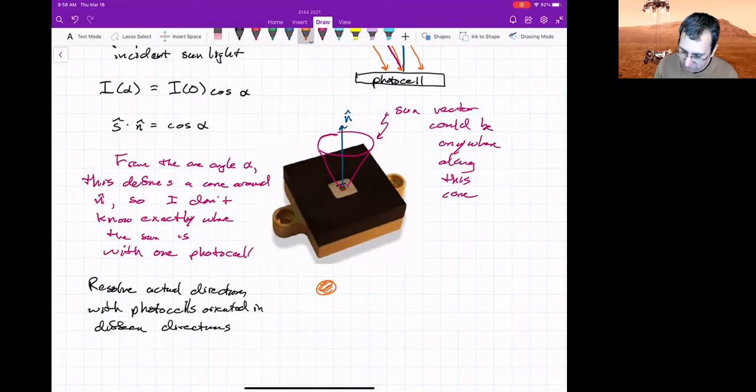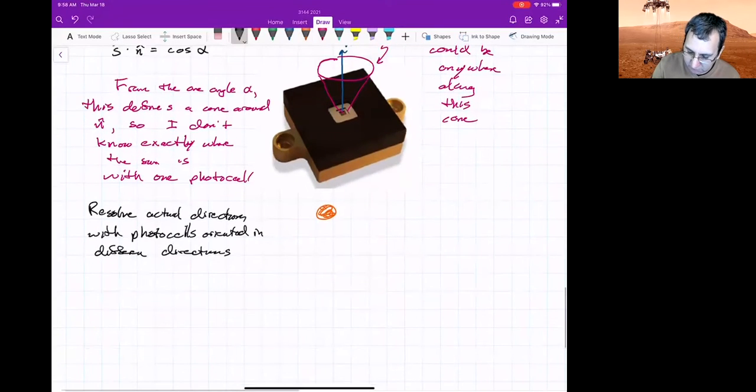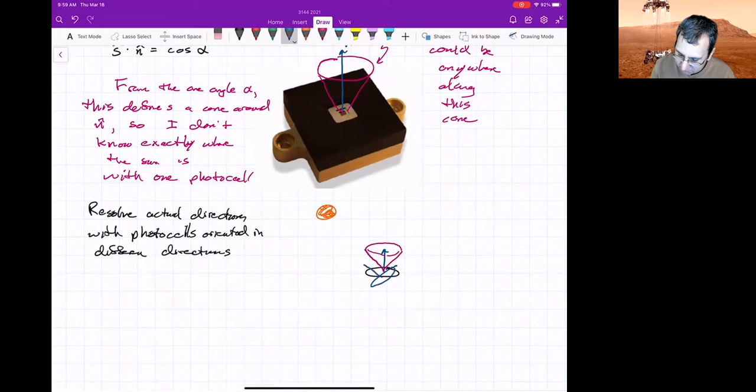So if the sun is really here, and on my spacecraft I've got a photocell with a unit normal, all this tells me is that it could be anywhere in this cone. If I have another photocell, this diagram might get complicated. If I have another photocell oriented in a different direction, then that will give me another cone.